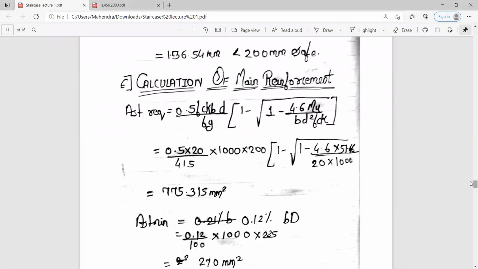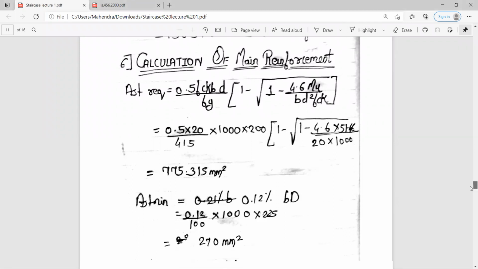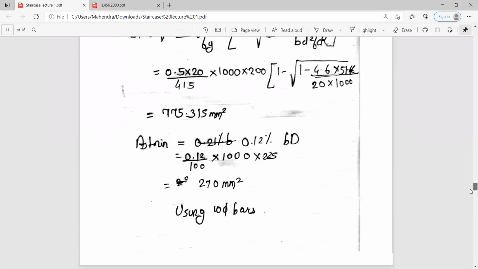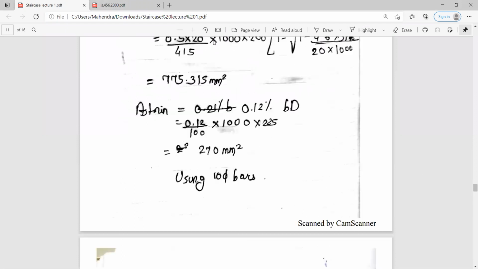Now AST minimum, that is minimum area. So 0.12% of B into capital D. The value for B is 1000 and capital D you had already calculated before. So capital D is 225. So the value you are going to get is 270 mm square. So do AST minimum.